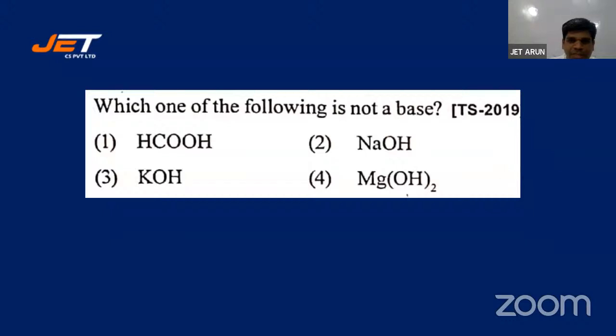KOH is a base. Mg(OH)2 is a base. He's asking which is not a base. Yes, option 1. Good. Jitender, Rohini, Yashwant. Option 4 is magnesium hydroxide, Mg(OH) taken twice, no? Magnesium hydroxide, Mg(OH)2.